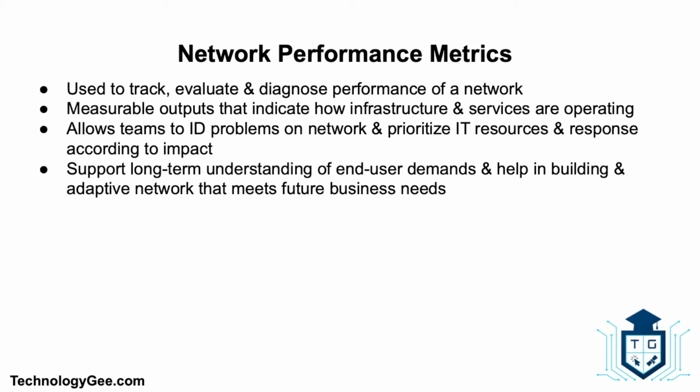Real-time analysis of these metrics allows teams to identify potential problems on the network and prioritize IT resources and response according to impact. Over time, network performance metrics support a long-term understanding of end-user demands and help in building an adaptive network that meets future business needs.